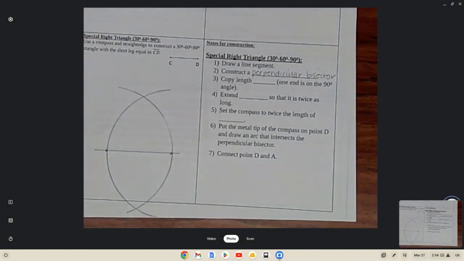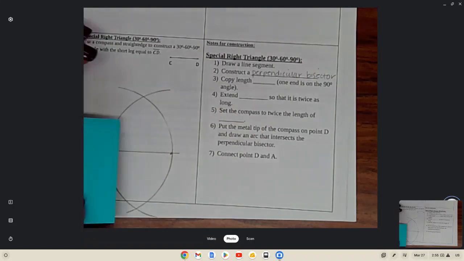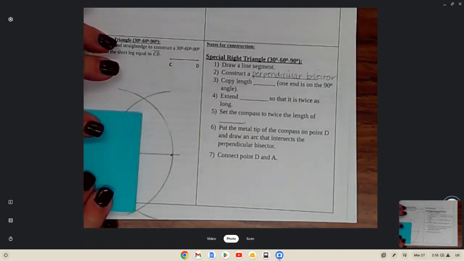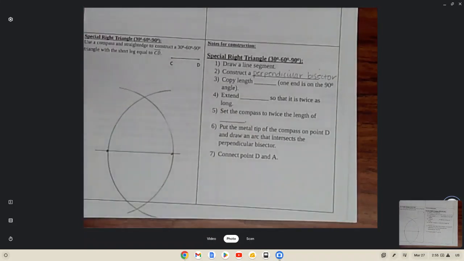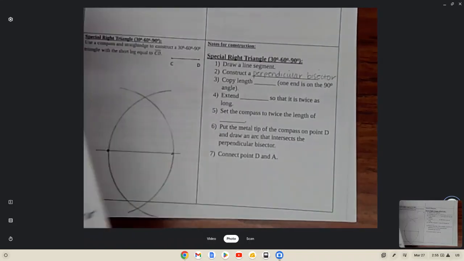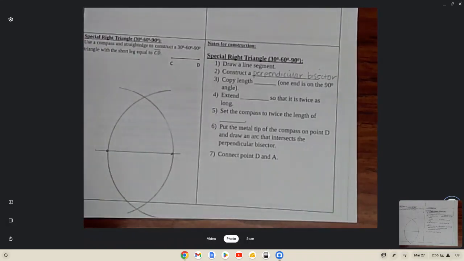And this should look familiar because this is one of the ones that we did before. That is not long enough. Okay.